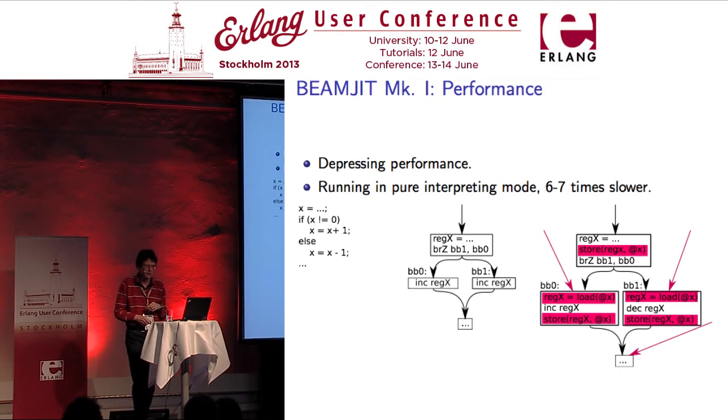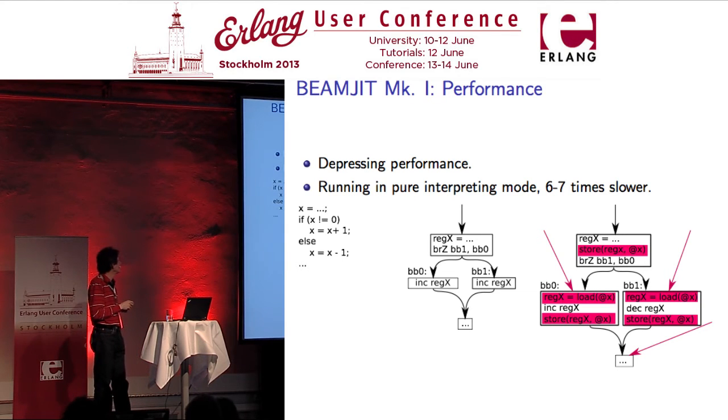And the main reason for that is that if we have a piece of code looking like this in our emulator, in the unmodified system, the compiler would generate assembler code corresponding to this CFG. You see it in some way allocates a register for X, sets it in some way, it branches on it, and then in one branch it increments it, and the other one it decrements it.